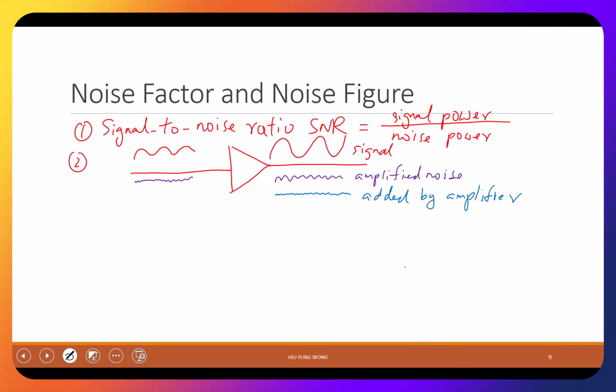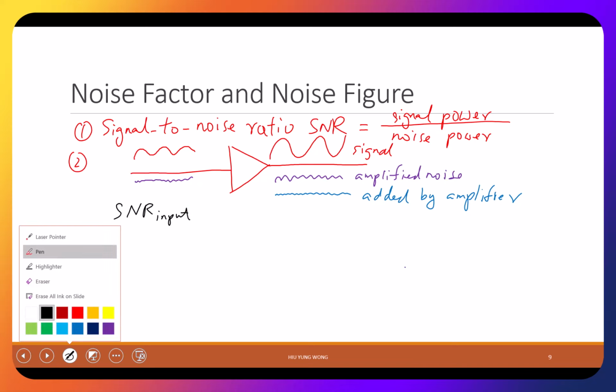Make sense? So originally, I have a signal to noise ratio. Let's call it the input.